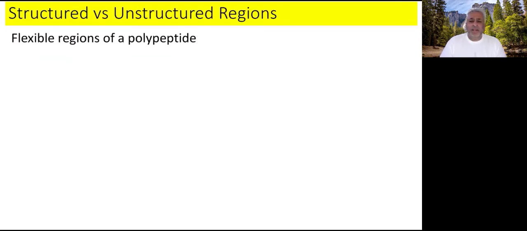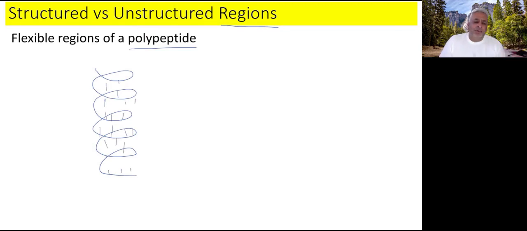Okay, let's turn our attention now to talk about structured and unstructured regions. The regions we're referring to are the regions of a polypeptide or of a protein. As we were telling you earlier, the alpha helix is a pretty ordered structure in that the side groups of the different amino acids are interacting with their neighbors, normally using non-covalent bonds.